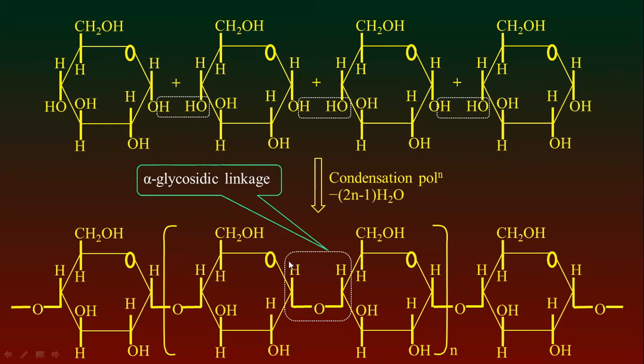That's why this link is also known as 1,4 alpha glycosidic linkage. Here 1 and 4 mean the linkage contains two carbons, the first and the fourth carbon.